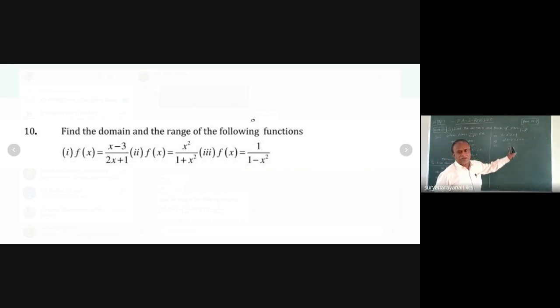Otherwise, we can write 1 minus x square y is equal to 1 minus y. x square y is equal to y minus 1. From this equation, we are finding the value of x. So x square is equal to y minus 1 by y.